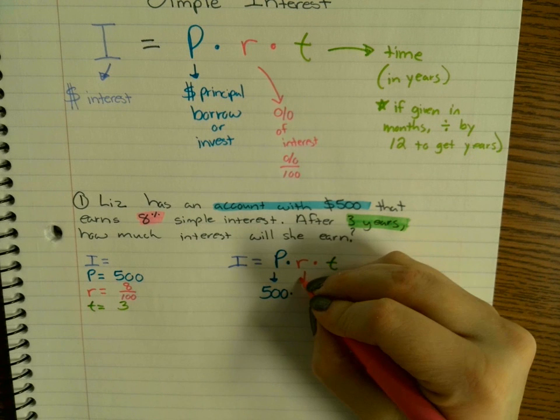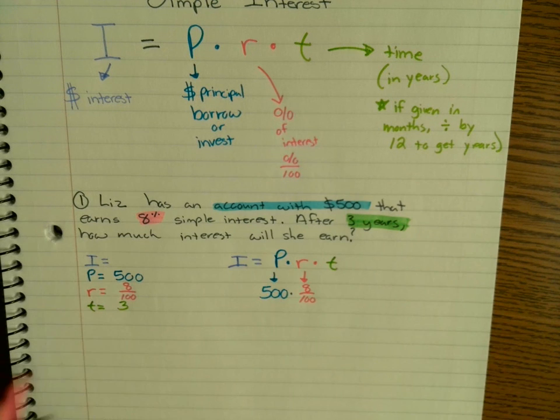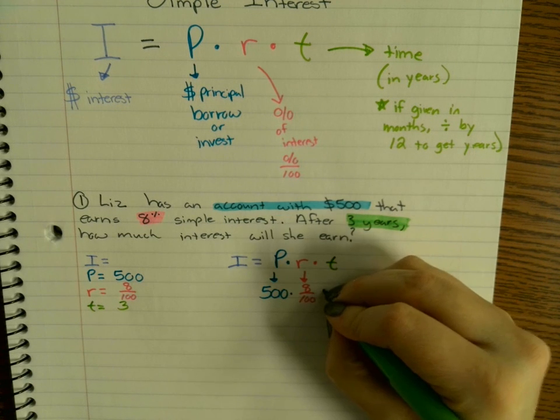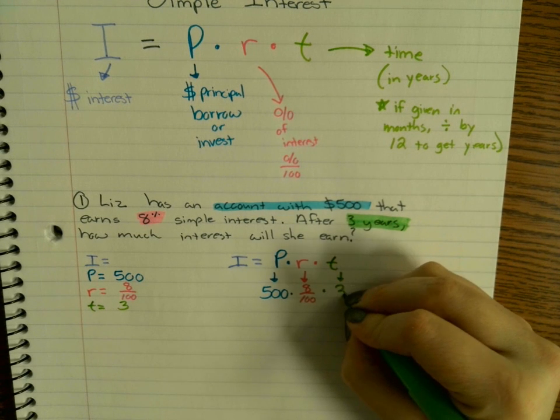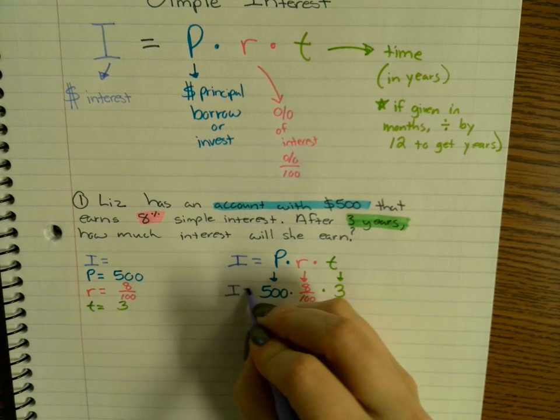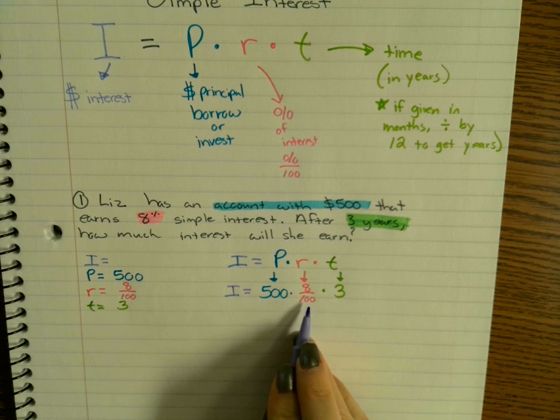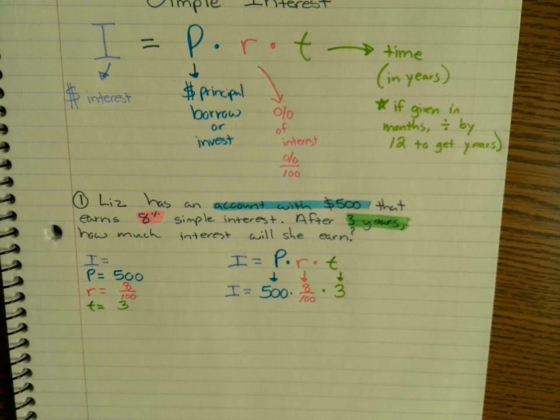Instead of R, 8 over 100. Instead of T, 3. So I equals 500 times 8 over 100 times 3.